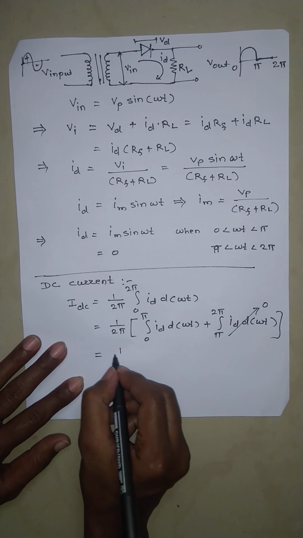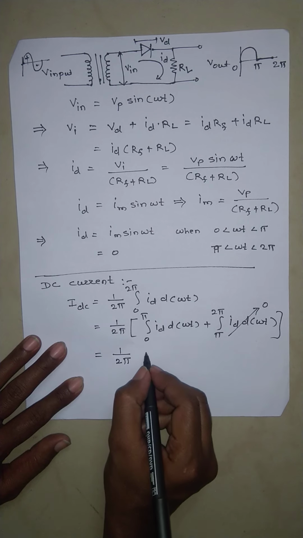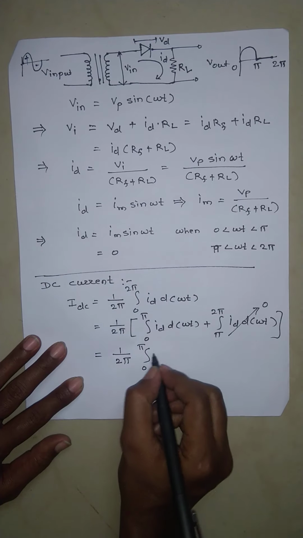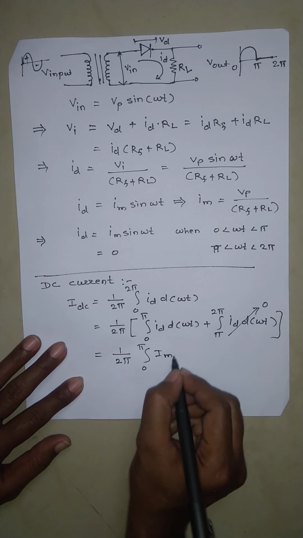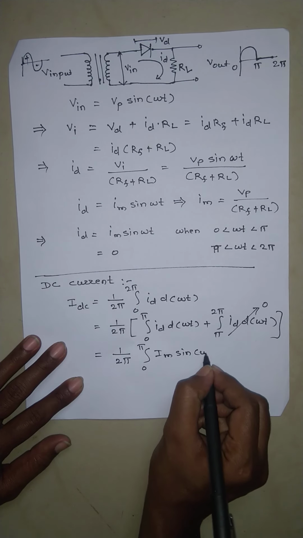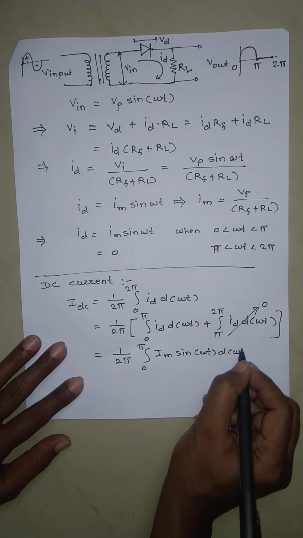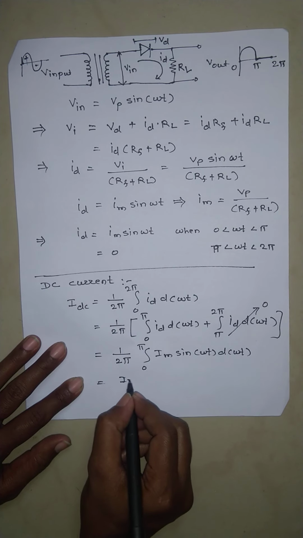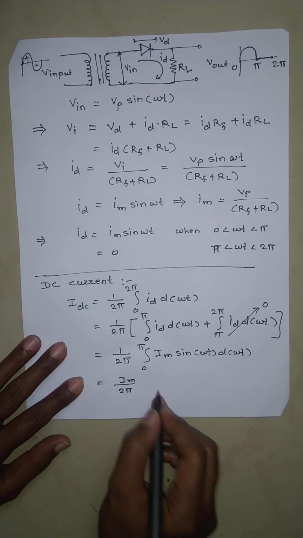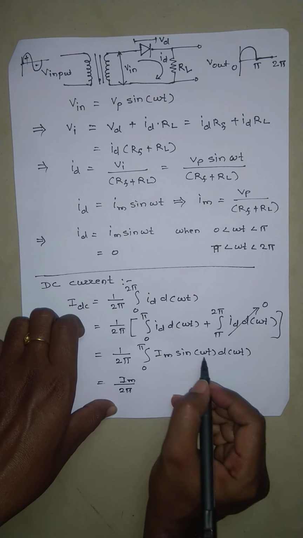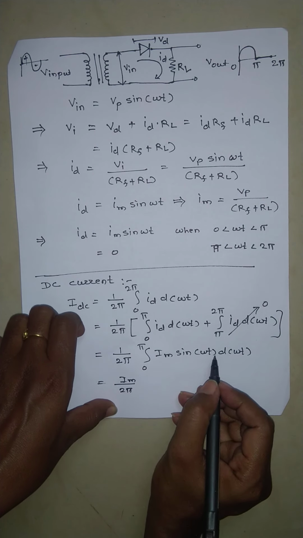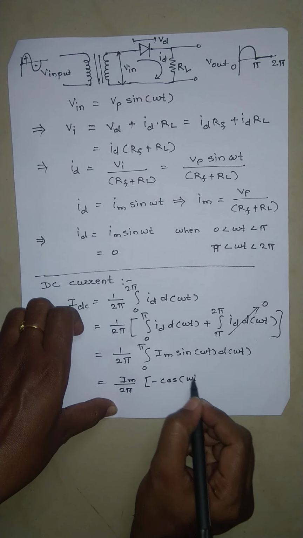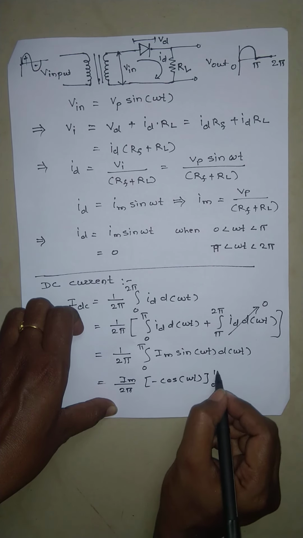So the expression will become 1 upon 2 pi integration from 0 to pi, with the expression of Id written as Im sin omega t d omega t, that is like sin theta d theta. So it is equal to Im by 2 pi, integration of sin theta d theta, which is nothing but minus cos theta, that is minus cos omega t with the limit 0 to pi.